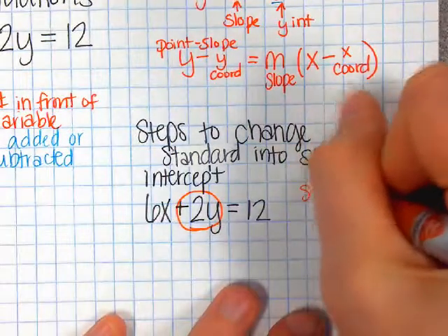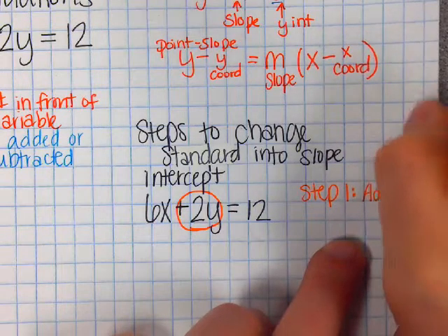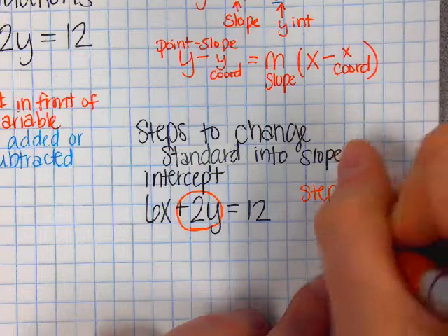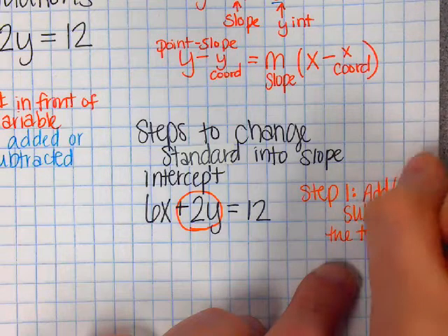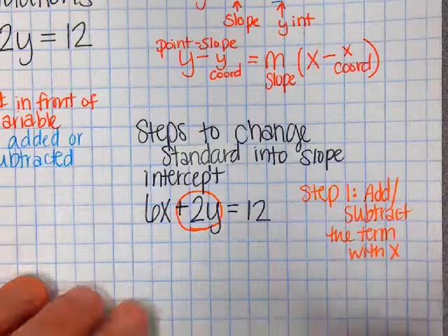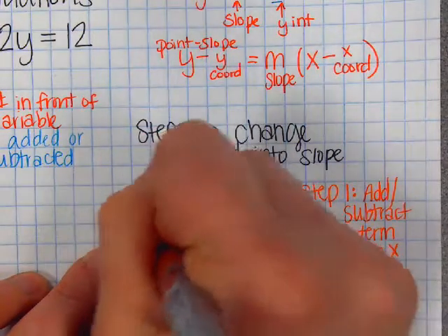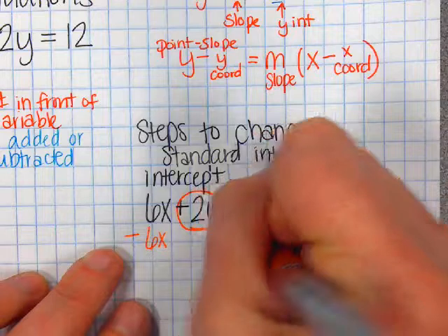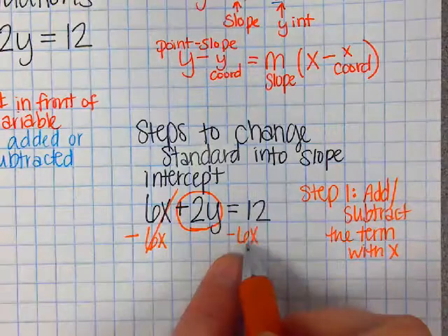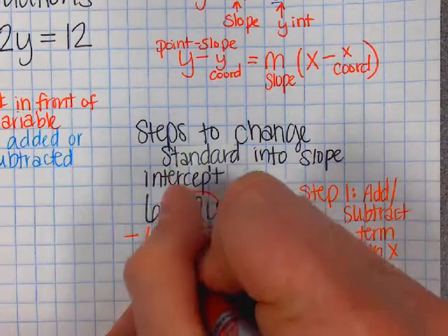So step 1, add or subtract the term with x. Right now it's a positive 6x, so I know I need to subtract 6x. Now, I cannot combine these two. This is a 12, this is a negative 6x. I cannot combine them.